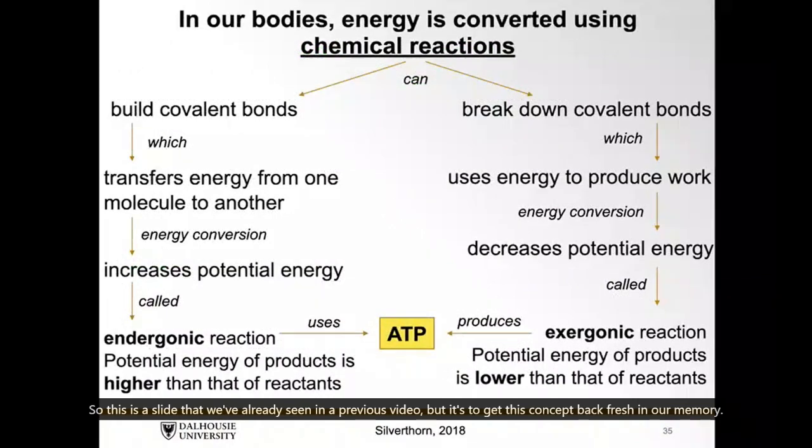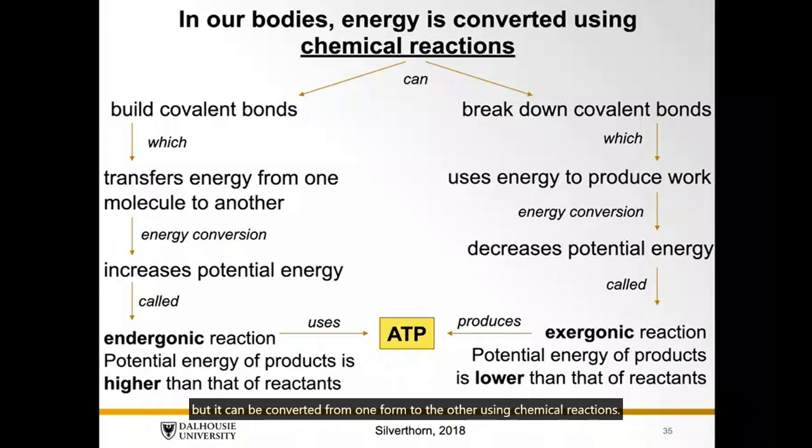So this is a slide that we've already seen in a previous video, but it's to get these concepts back fresh in our memory. Remember that based on the first law of thermodynamics, energy cannot be created or lost, but it can be converted from one form to the other using chemical reactions. And we already described two types of chemical reactions.